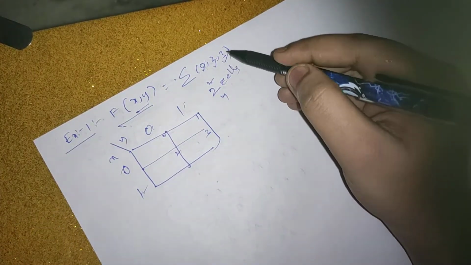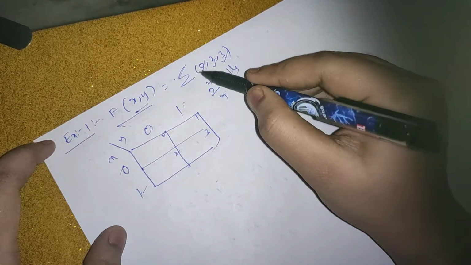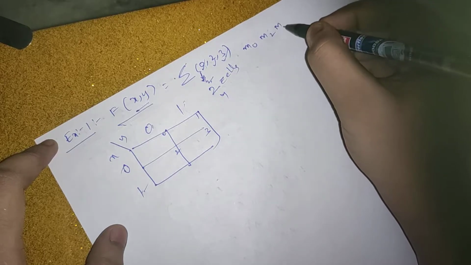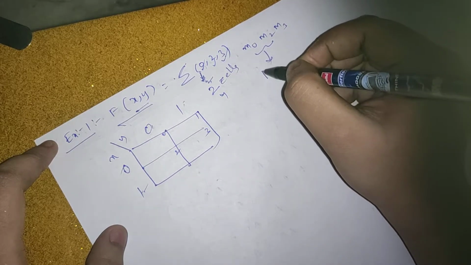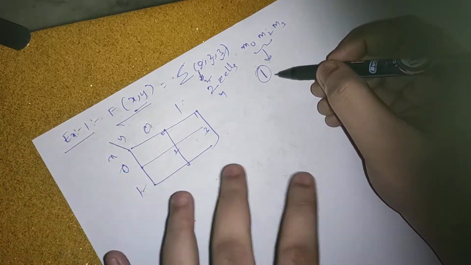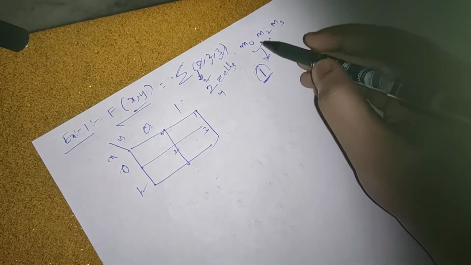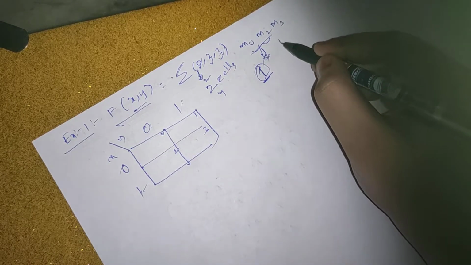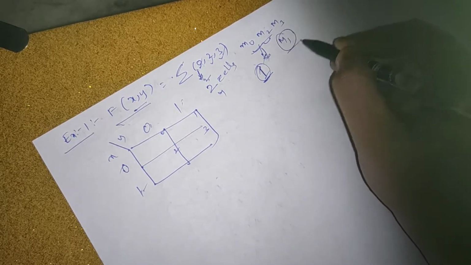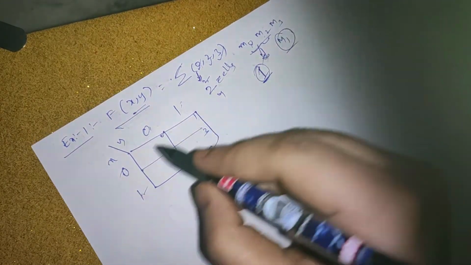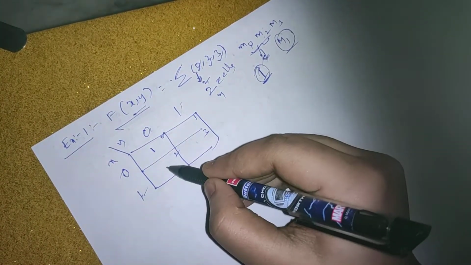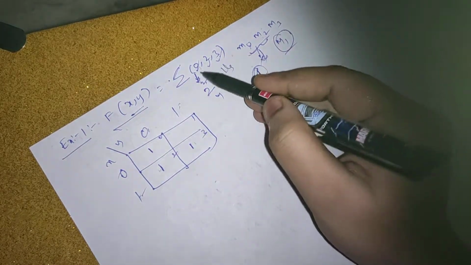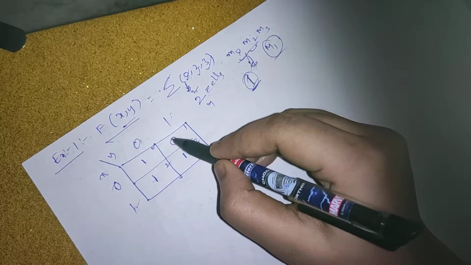So if it is given like this, it represents that m0, m2 and m3 have the bit 1. Remaining is 0, that is only m1. So here for 0 2 3, write 1 in their respective boxes which are given, and the remaining one is 0.